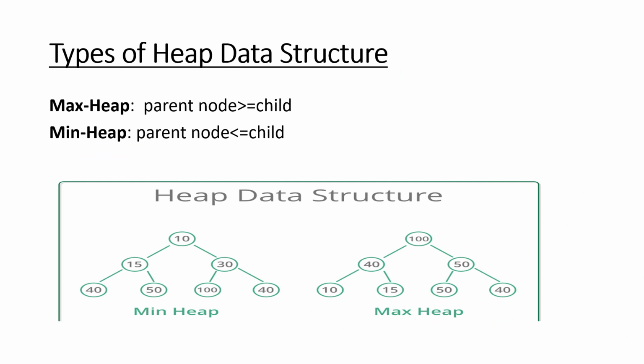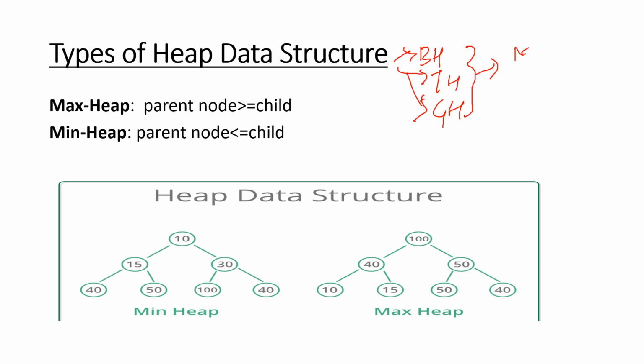Now we'll see that there are two types of heap data structure, whether binary heap, ternary heap, or general heap. All these heaps have two types.